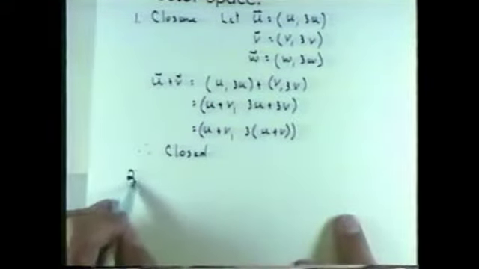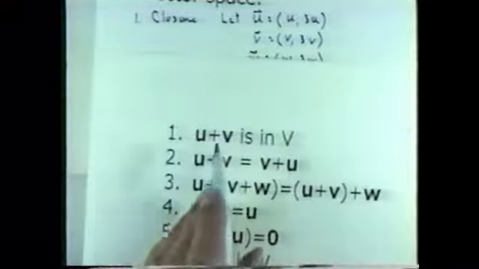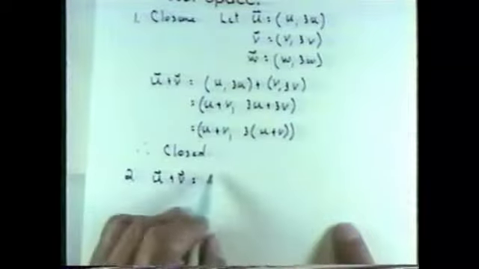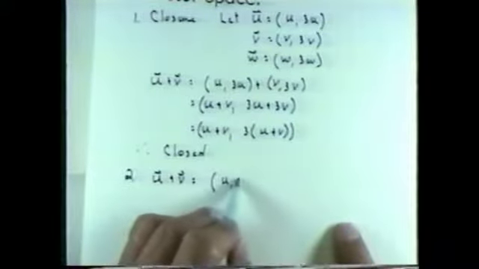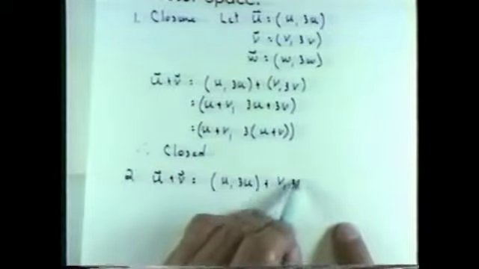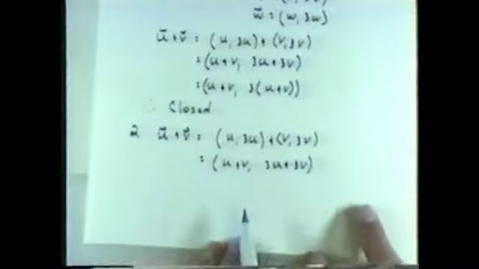Property 2, I have to show that it's commutative, that u plus v is v plus u. u plus v is going to be (u, 3u) plus (v, 3v), which is (u plus v, 3u plus 3v).